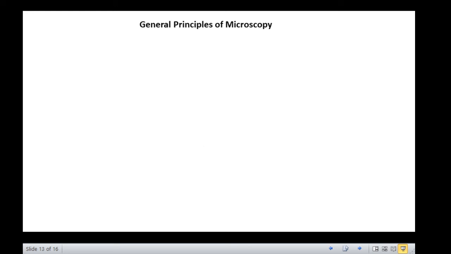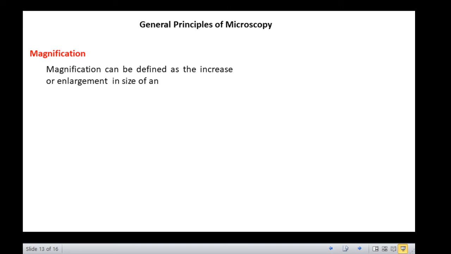The most important function of a microscope is magnification. Magnification can be defined as the increase or enlargement in size of an object which is indicated by a number and x. Thus, 10x means 10 times magnified image.